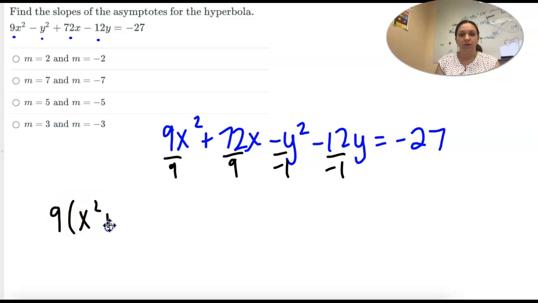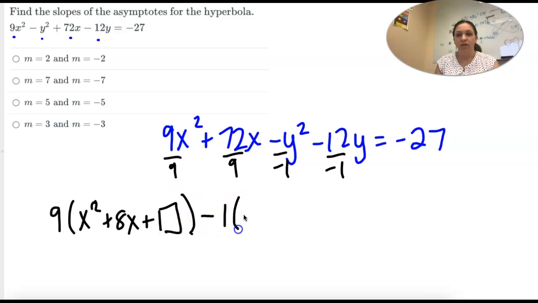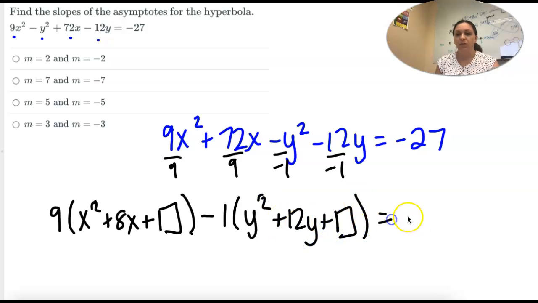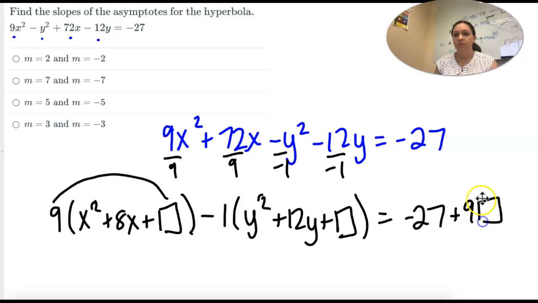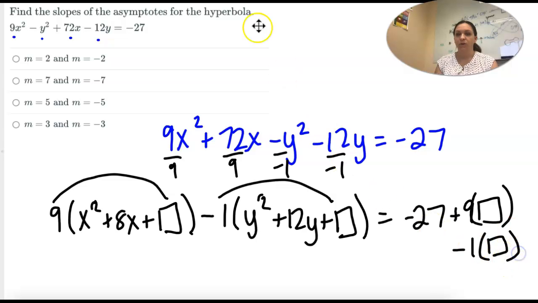So I have x squared plus 8x plus some number when we complete the square, minus 1 y squared plus 12y plus some number, equals negative 27 plus 9 times that number minus 1 times that number.